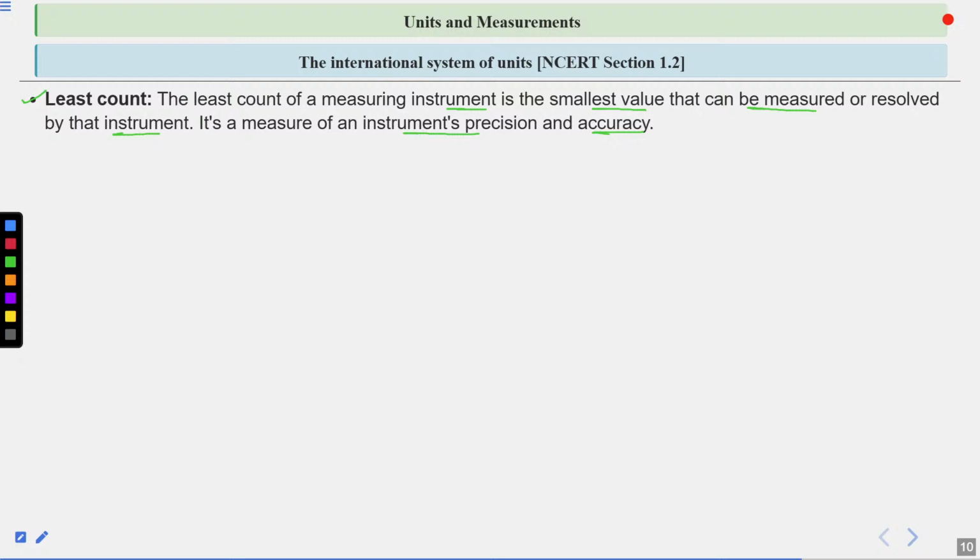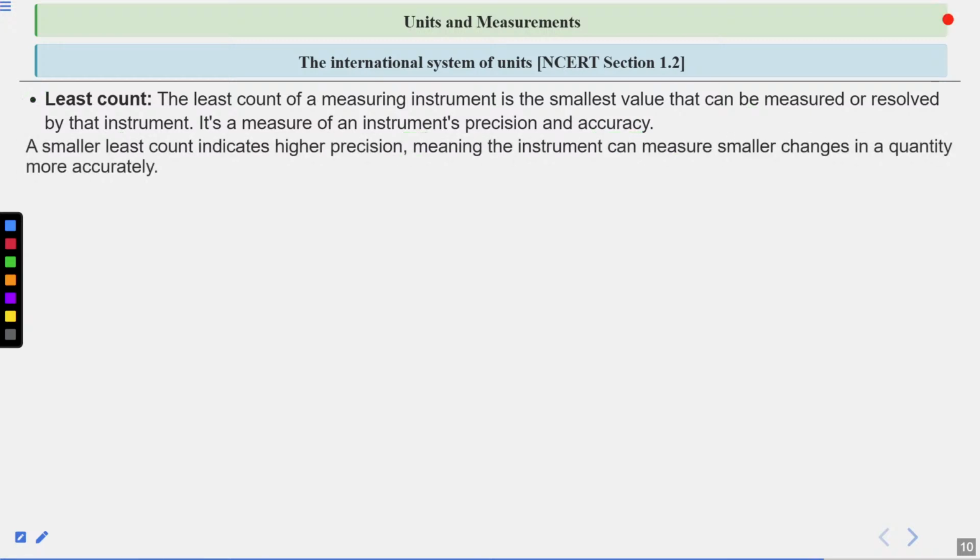It means least count tells us about the precision and accuracy of the experimental data. A smaller least count indicates higher precision, meaning the instrument can measure smaller changes in a quantity more accurately.